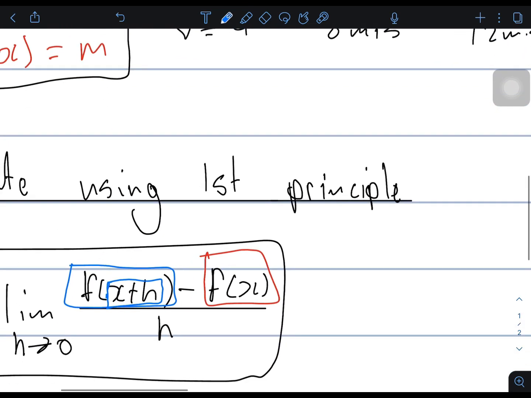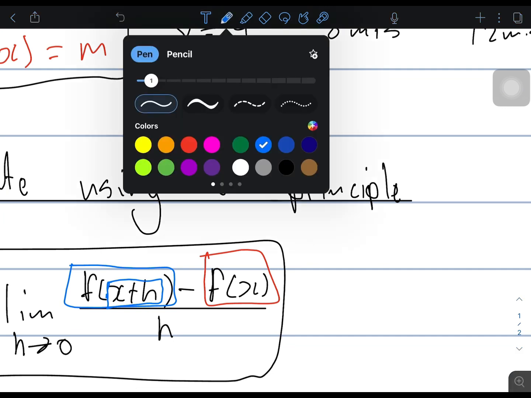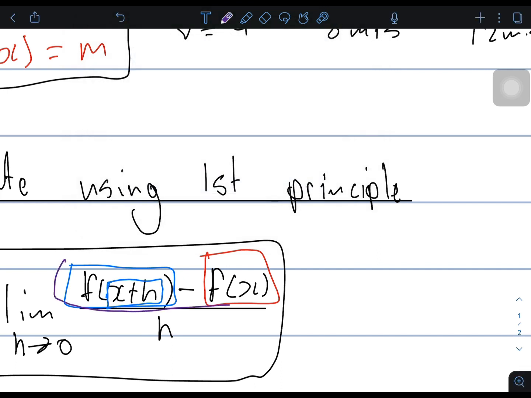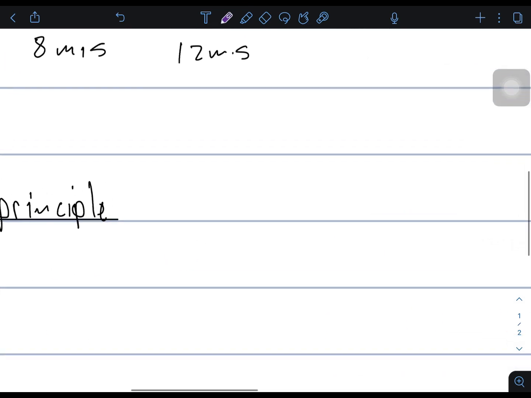The next thing I do is find f of x plus h minus f of x.